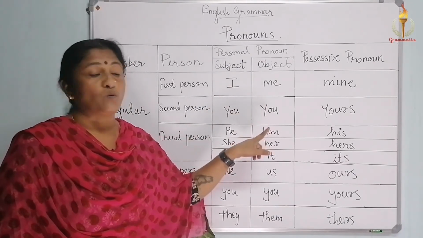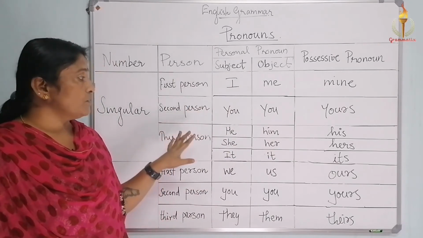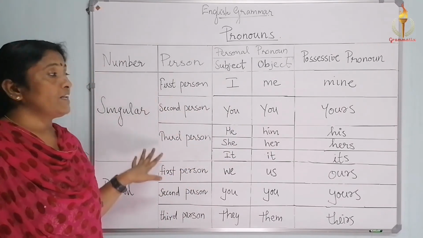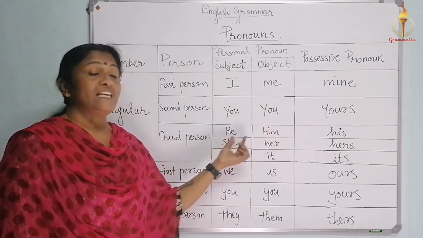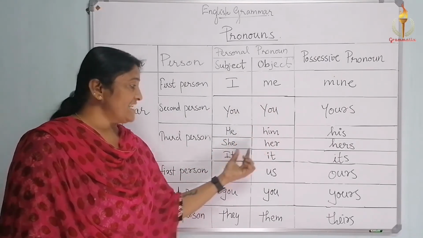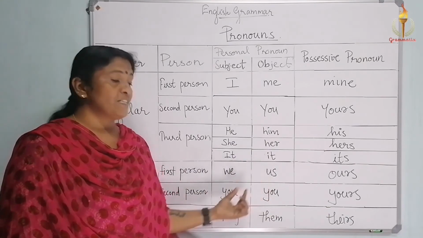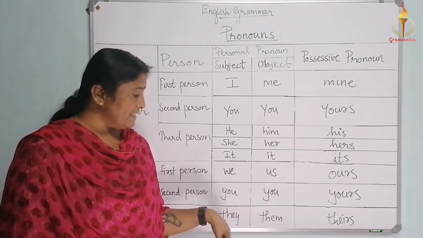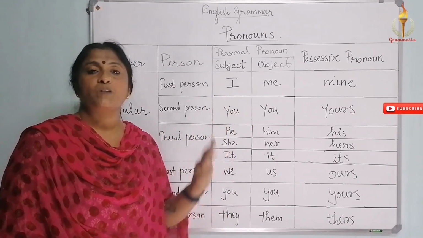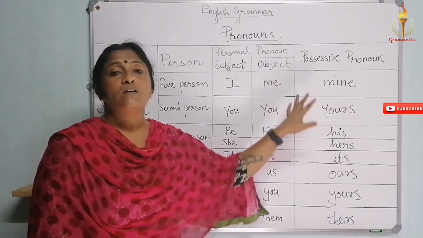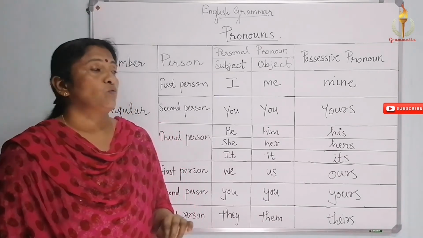Similarly, the object pronoun for first person, second person, third person, for singular as well as plural. That is for I, it is me, for you again it is you, he, him, she, her, it, we, us, you and they, them. So these are the subject pronouns and the object pronouns, and the last column gives you the possessive pronouns.